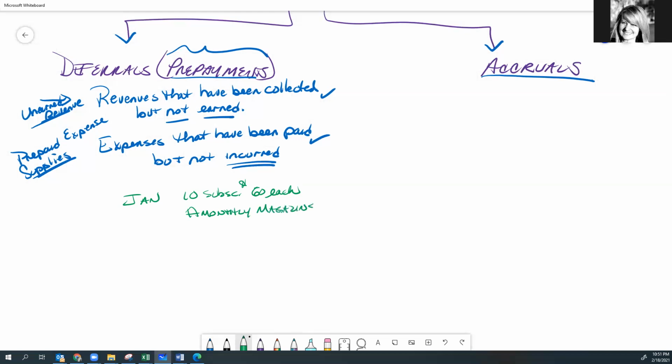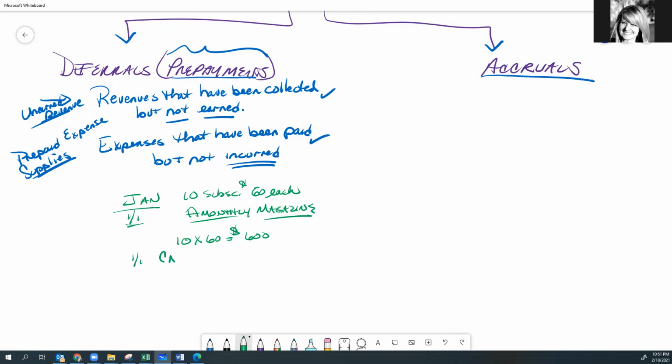Now I'm using small numbers here, but it doesn't really matter. The concept's the same. So in January, let's say I collected that on January 1. So I sold 10 subscriptions at $60 each, so I collected $600. When I collected that on January 1st, my journal entry looks like this.